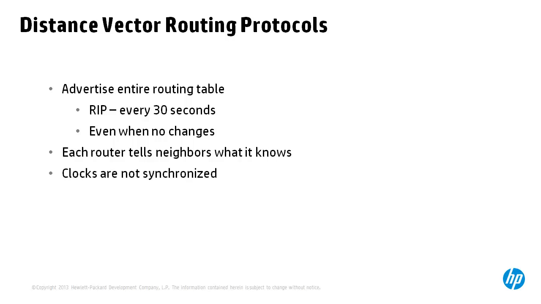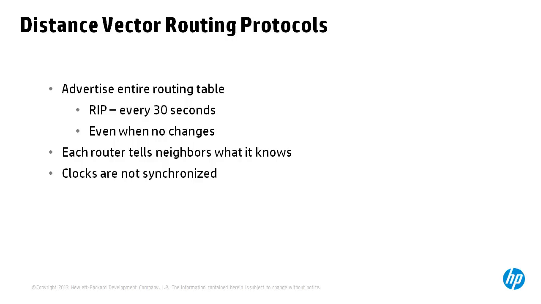A very important concept to understand is that the clocks of the routers are not synchronized. So let's say on a timeline, at time 0, you enable RIP on router 1. 30 seconds from time 0, router 1 will advertise its entire routing table, and thereafter every 30 seconds.